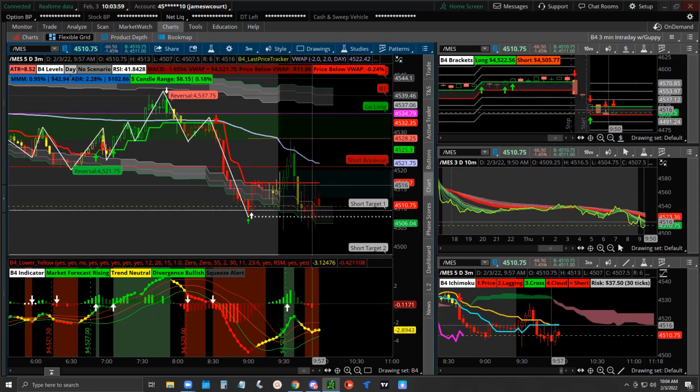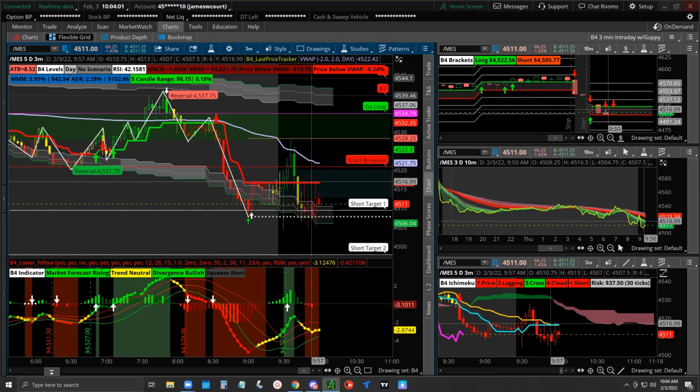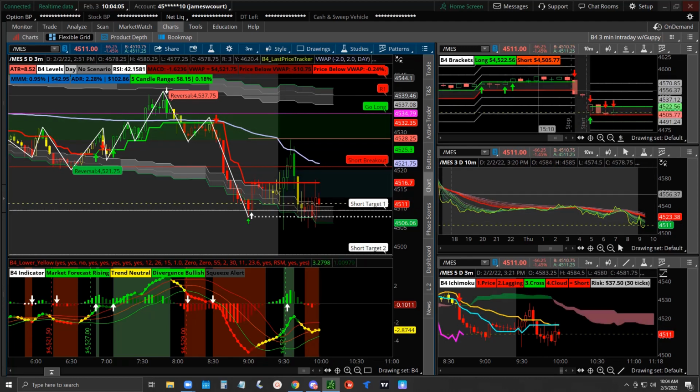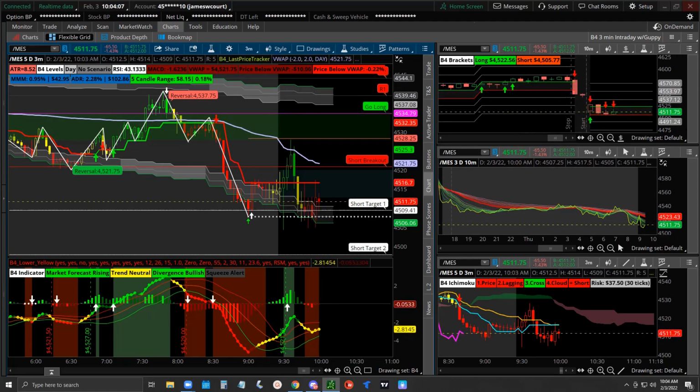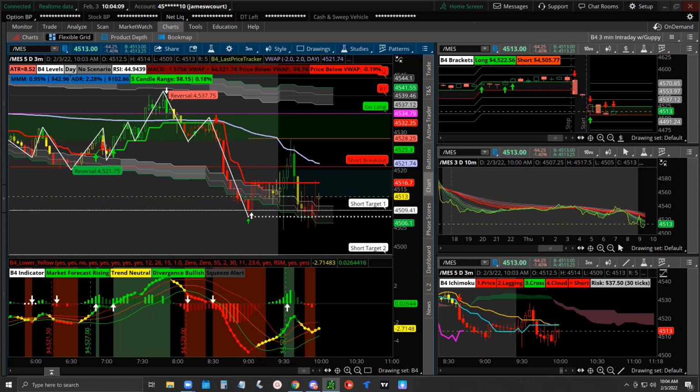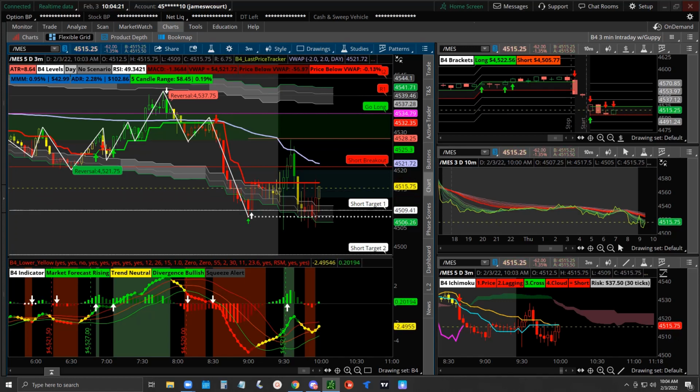Stop orders are still waiting, one tick underneath, and the market hasn't processed any of that yet. But I'm also looking at what's happening on the Globex chart. We do have a micro double bottom on the 30-minute. That makes it dangerous for bears also.